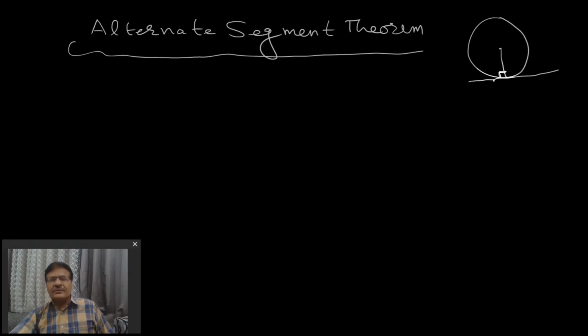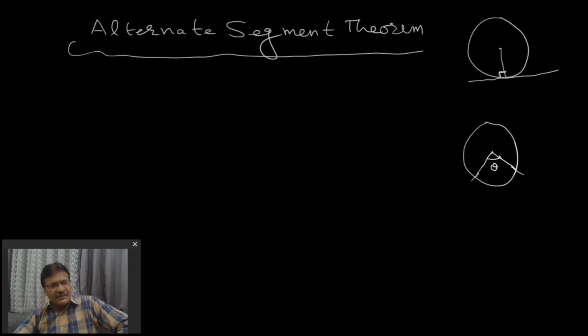This is again a theorem: the tangent is perpendicular to the radius. The second thing is, if an arc on the circle subtends an angle, suppose theta, at the center, then the same arc will subtend half of this angle at the boundary. That is, if this one is theta, then this is theta by 2. Is that clear? So these two concepts are used in the alternate segment theorem.